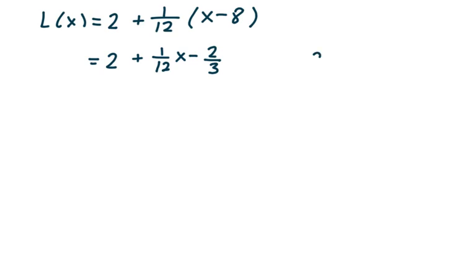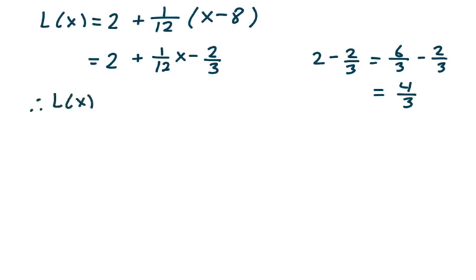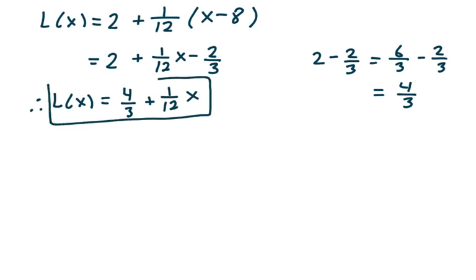Now, let's address 2 minus 2/3 separately. 2 can be written as 6/3. So we have 6/3 minus 2/3, which is equal to 4/3. And so, therefore, L of x is 4/3 plus 1/12 x. And that's how we do problem number 3.